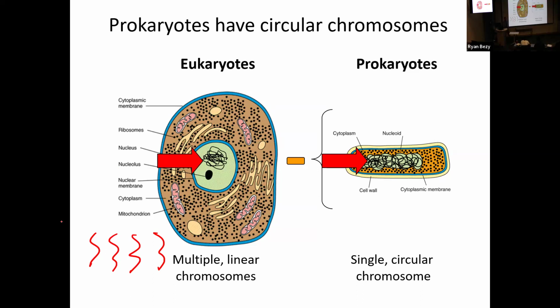So they're linear DNA molecules. Typically, most prokaryotes only have 1 chromosome, and that chromosome is a circular DNA molecule where the DNA doesn't have ends, instead it's one big long circular DNA molecule.